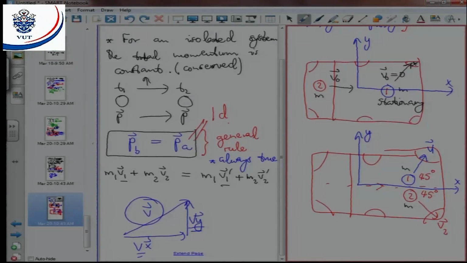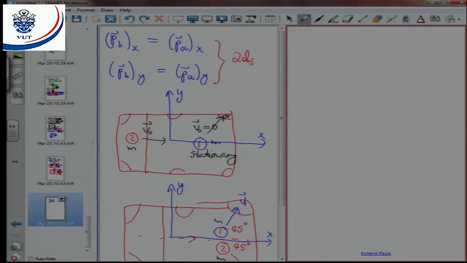So now momentum before in the x direction equals momentum after. Actually, it's smarter to start with the y in this case. You will see shortly why. So momentum before in the y direction equals momentum after in the y direction.